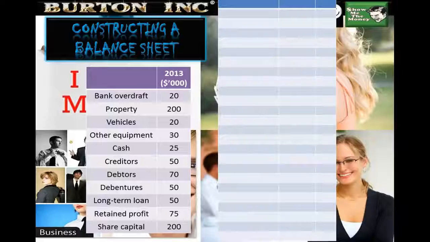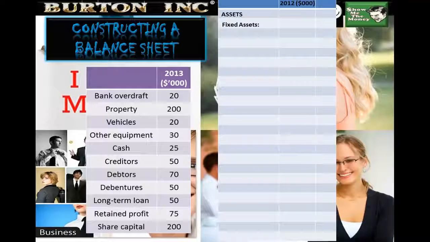Constructing a balance sheet from scratch. Plug in our year. We'll start with assets and fixed assets. So again, the structure is very, very important. You'll see different structures for different balance sheets, but the structure for the IB Business and Management exams, this is the required structure.